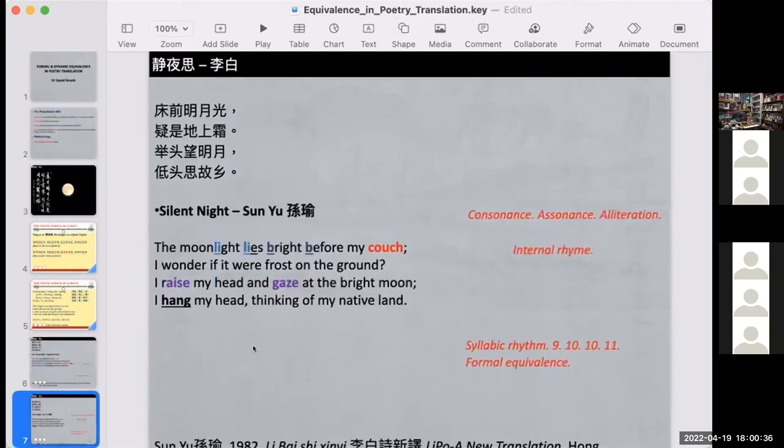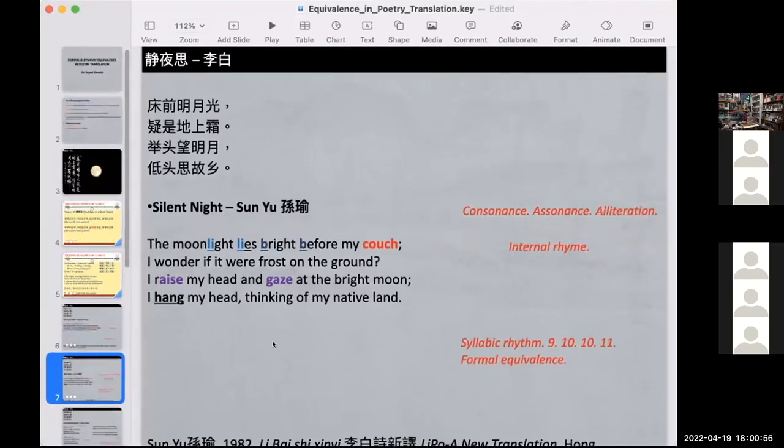Sunyi did something different here. As I said, even though he didn't use end rhyme, he used other types of musical and poetic devices, like the repetition of the L, the repetition of the B. This is alliteration.